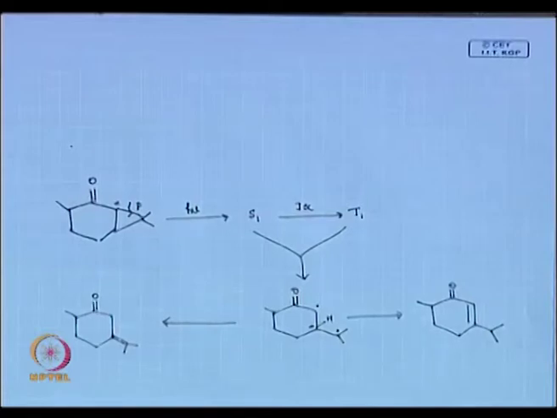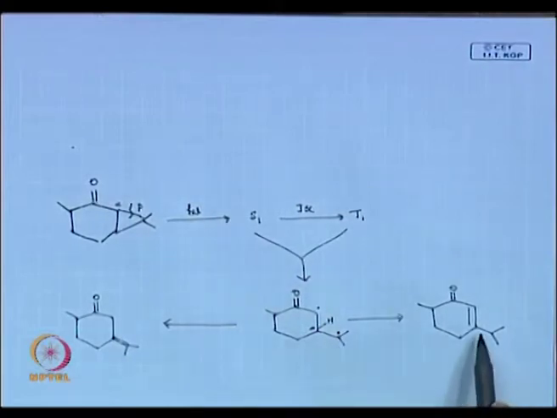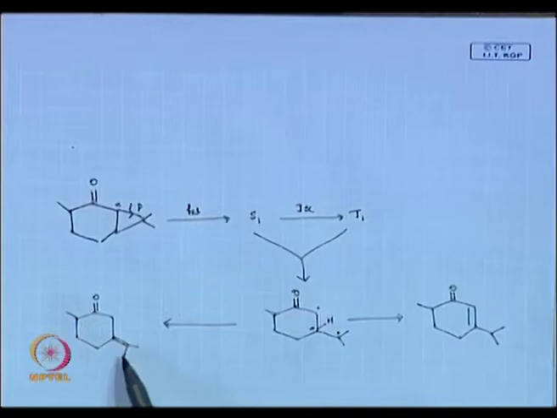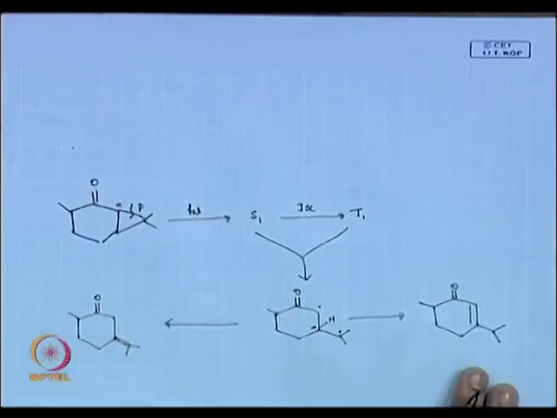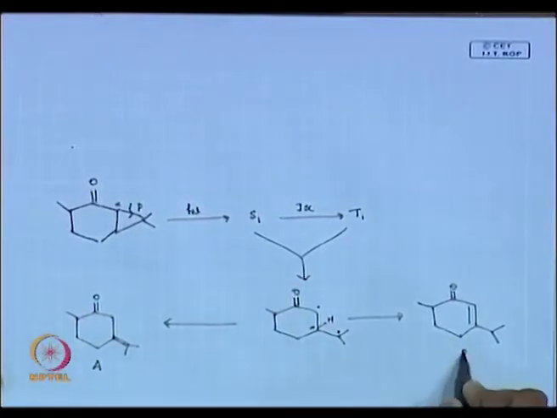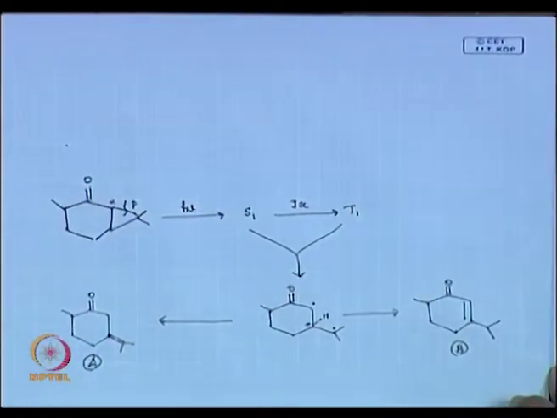If I move this hydrogen to my secondary isopropyl unit, then I will get a system like this, or if I move my hydrogen here, then I will get a system with an alkene outside with a double bond. So, from the structure itself you can clearly say which one. It looks like B will be formed as major, right.